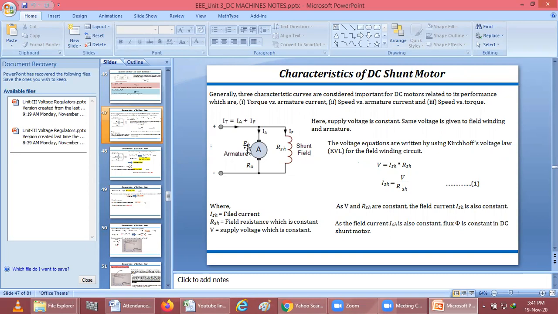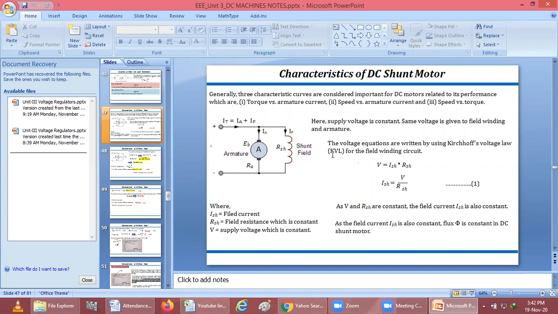KVL means, if we have any closed loop and we calculate the potential drop across each and every element and take the summation of those potential drops, it will become zero.